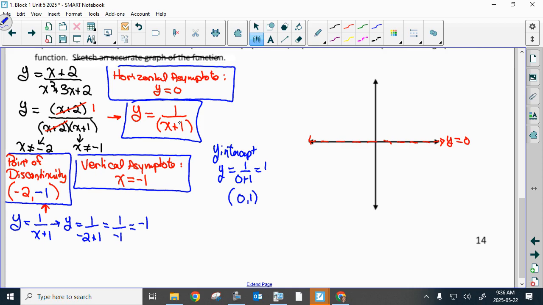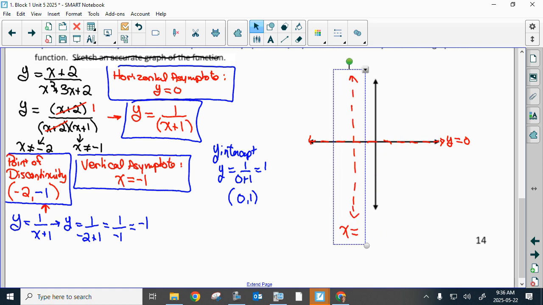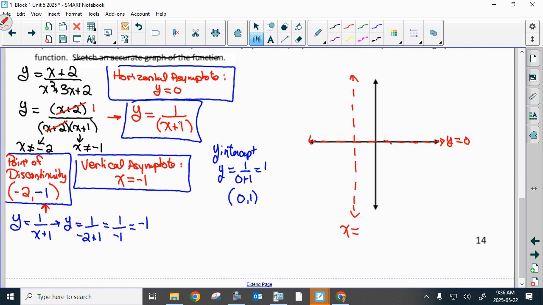My vertical asymptote is x is equal to -1. My y-intercept is (0, 1).